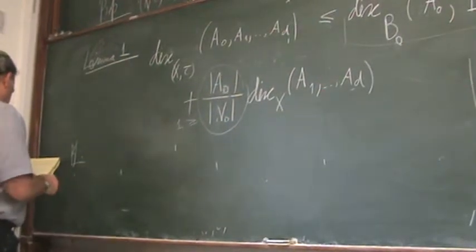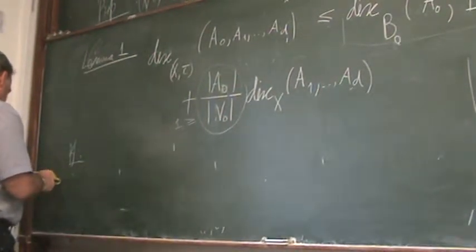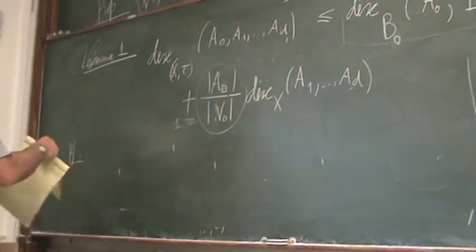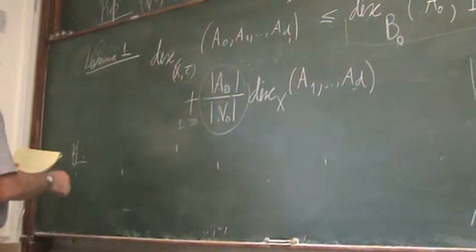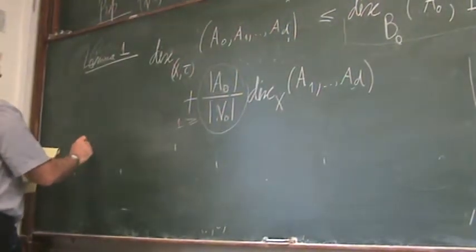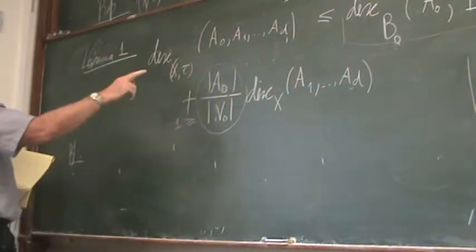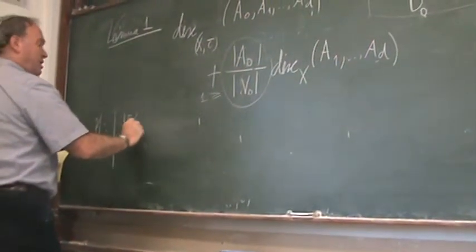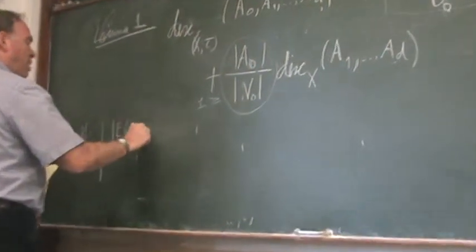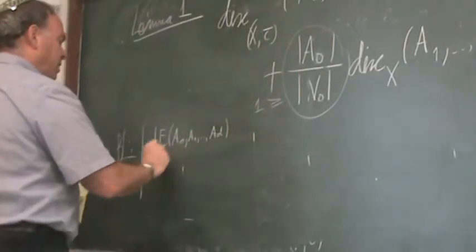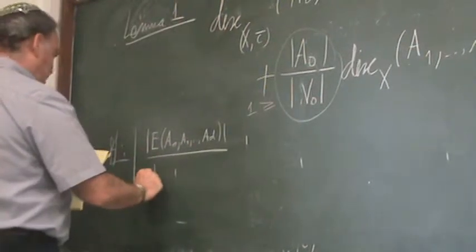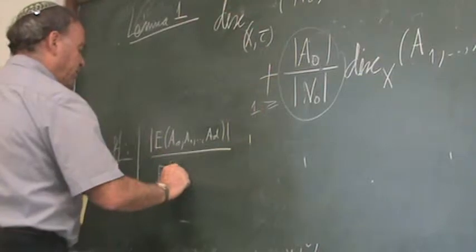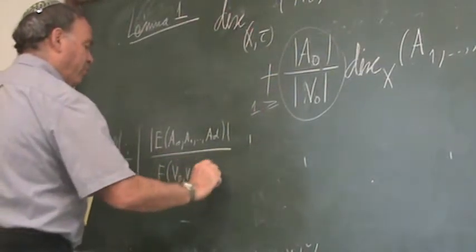And the proof is just a computation, but let's be careful. So what is this? By definition, this is the size of E of A0, A1 up to AD divided by E of V0, V1 up to VD, right?